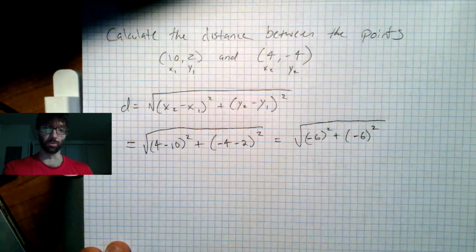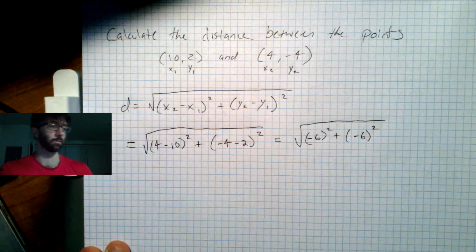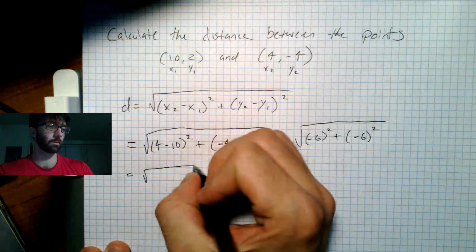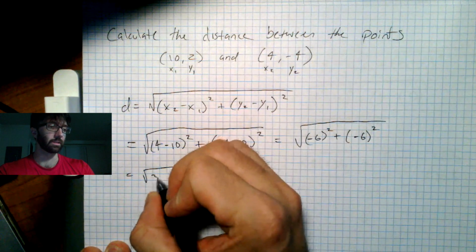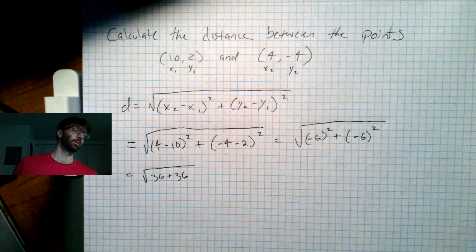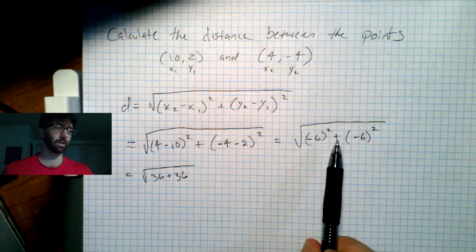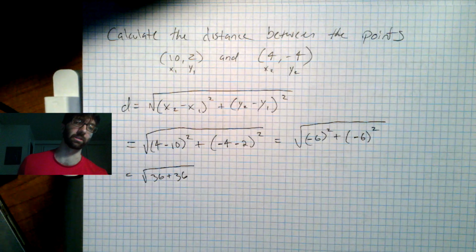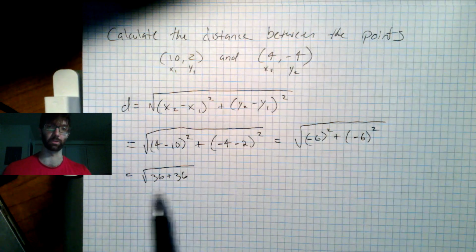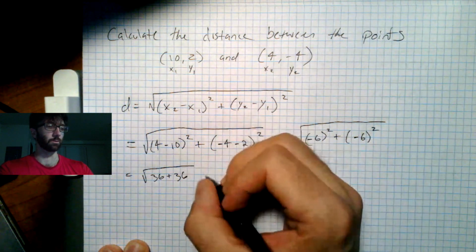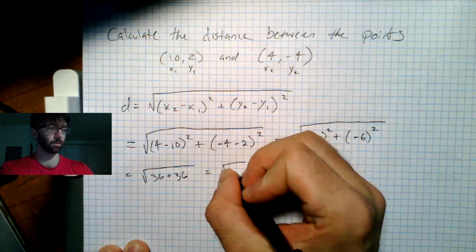And now we'll see the importance of these parentheses, because now we see that we get, under the radical, 36, positive 36 plus positive 36. If we didn't have those parentheses there, then we would have had negative 36 plus negative 36. Then we'd have a negative value under the radical, which we don't want. And this, of course, equals the square root of 72.